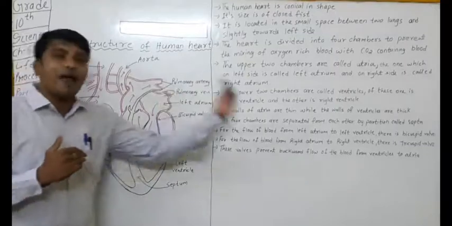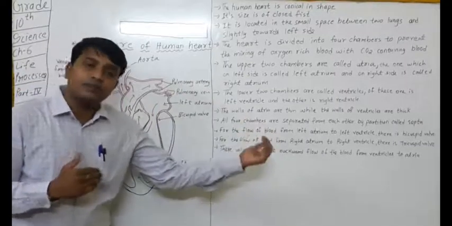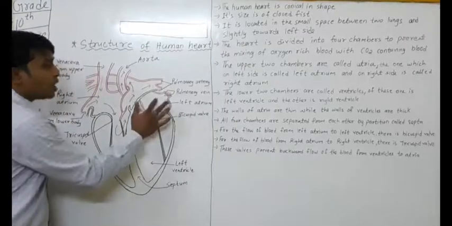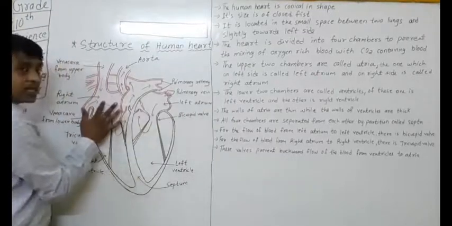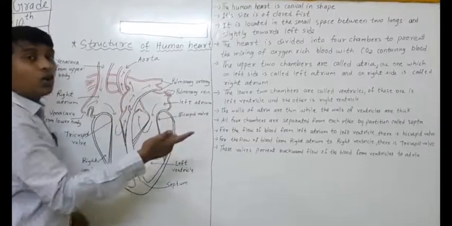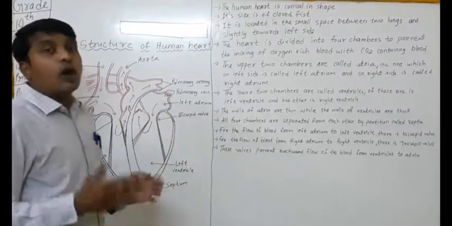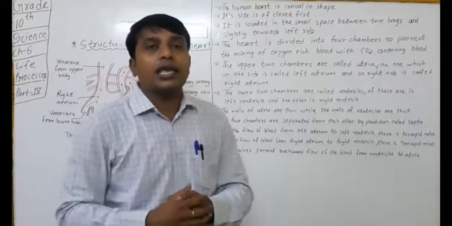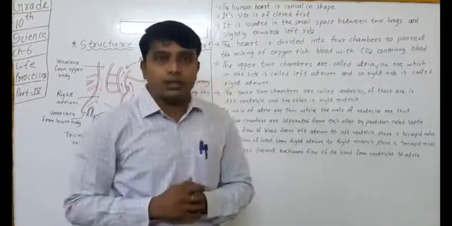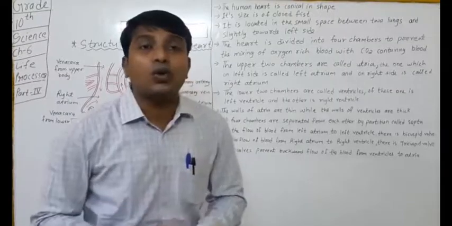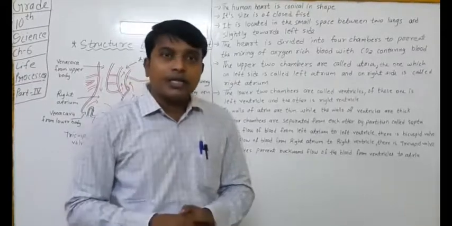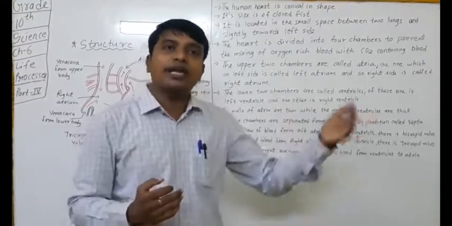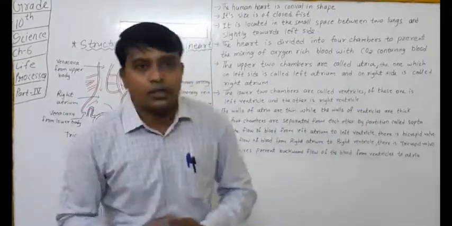The one on the left side is the left atrium, the one on the right side is the right atrium, and both together are known as atria.